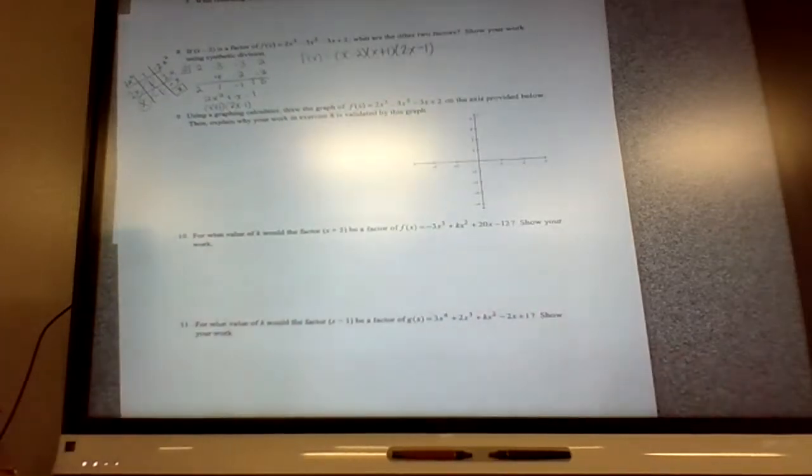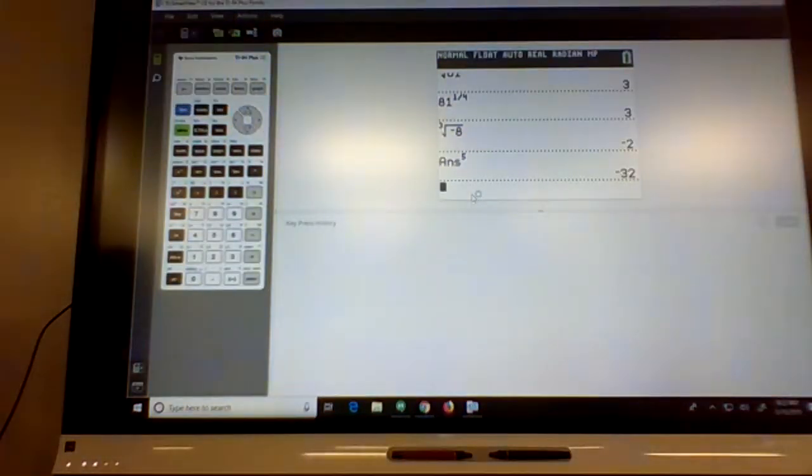All right, now number 9, we need a graphing calculator, which I have. There. Look at that. Isn't that fantastic? That's one of my new toys I just got. It's pretty awesome.